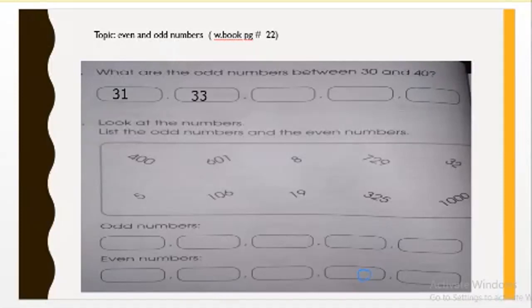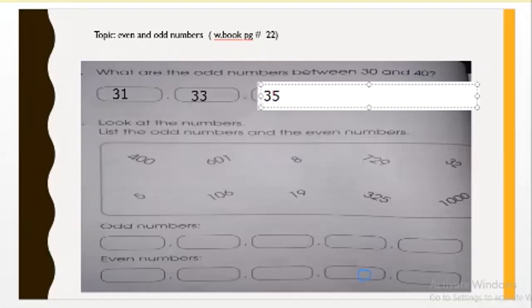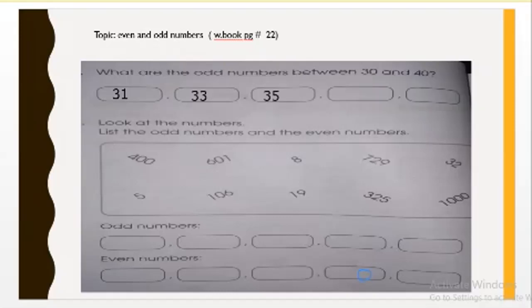After 33, 34 is even and 35 is odd. Yes. Okay, 36 is even and 37 is odd. Yes, you can say, ma'am, we are skipping one number and writing it. But be careful while doing this. 38 is even and 39 is odd.